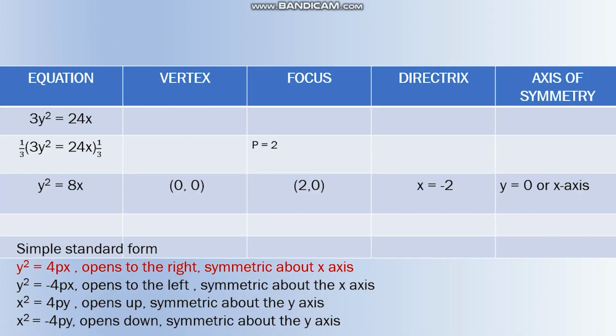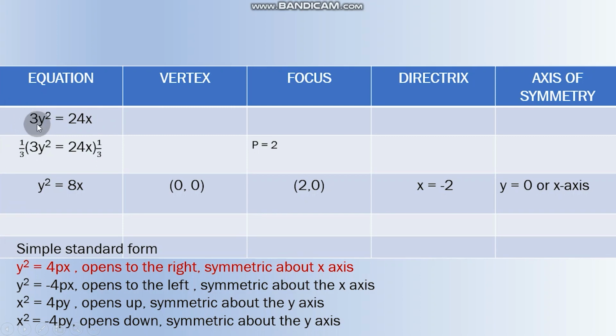So, let's have a second example. Example 2 is 3y squared is equal to 24x. Now, this time, our y has a coefficient, which is not the same as our standard form. So, we have to eliminate this.